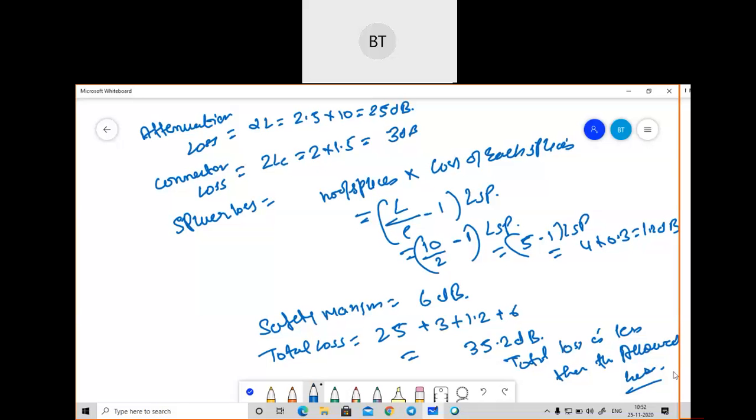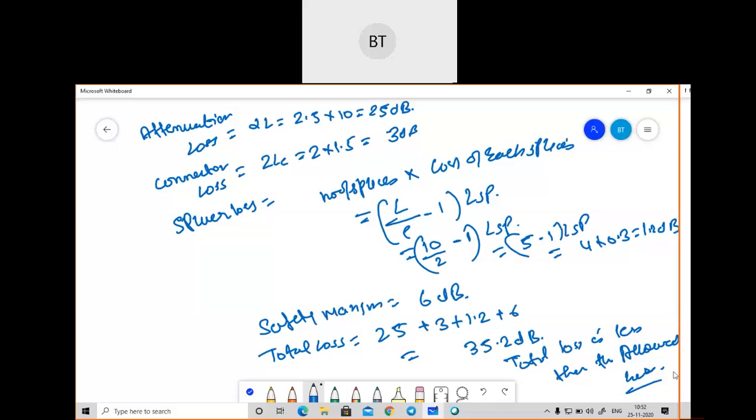So 10 by 2 minus 1, that will be 5 minus 1 equal to 4. Then we have to multiply by the loss of each splicer. Each splicer was experiencing 0.3 dB loss. So I have just multiplied 4 into 0.3. So I was getting 1.2 dB. That is how we can calculate the splicer loss.